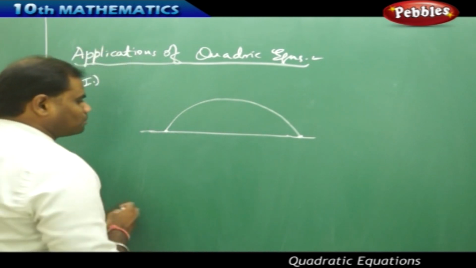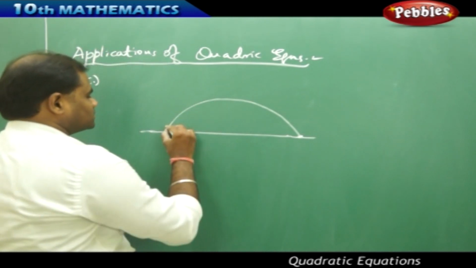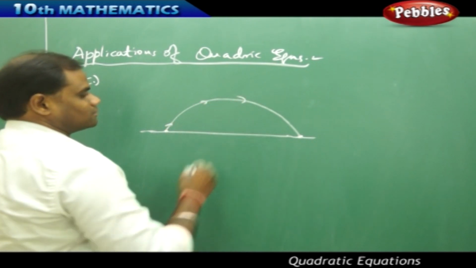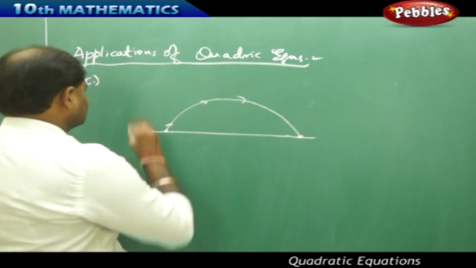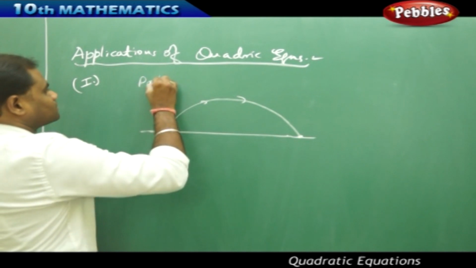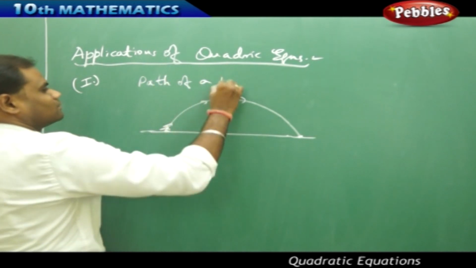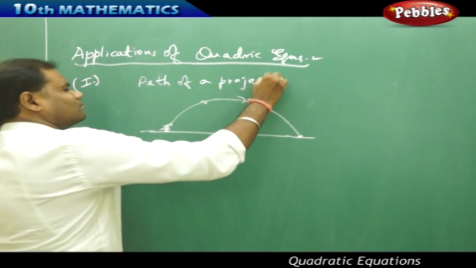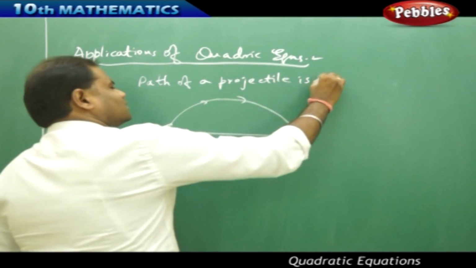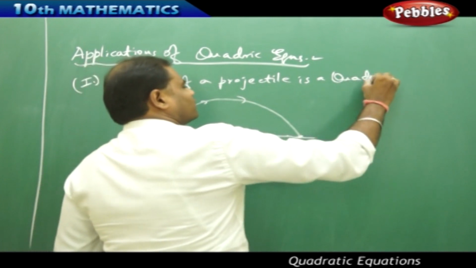Throwing of a ball or path of a projectile, this is called a projectile, which gives us a quadratic equation. So the first application is path of a projectile is a quadratic.